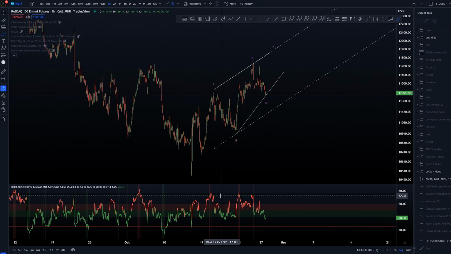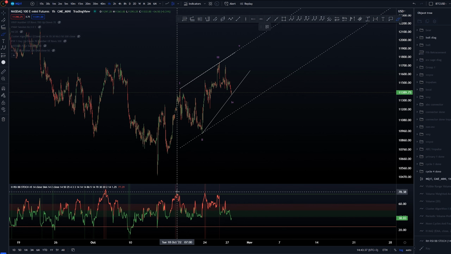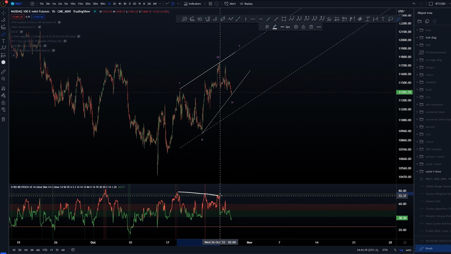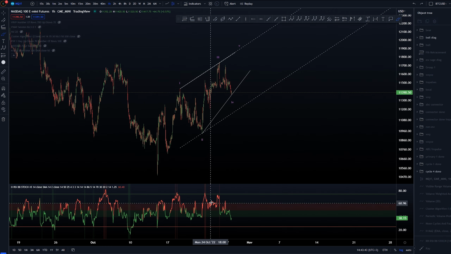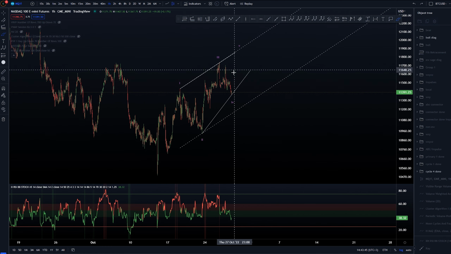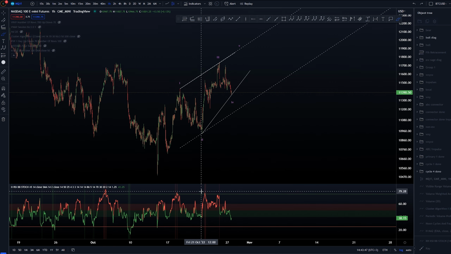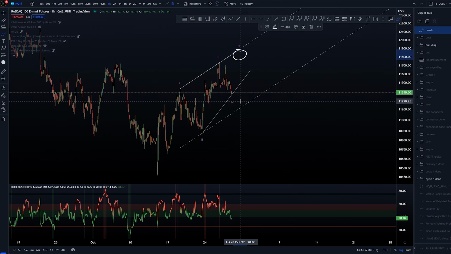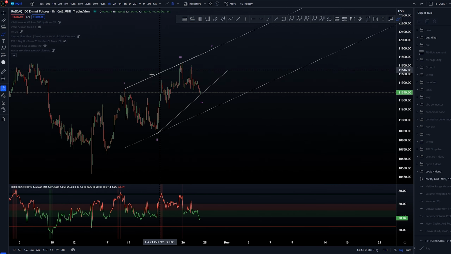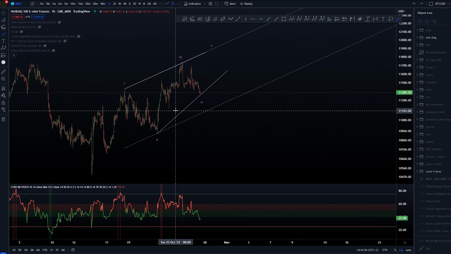Here on the higher time frame, the 1 hour, we do still have those divergences present, and if we are again making more highs, as we have already reset this RSI, it is very likely that we are going to get another divergence here, and that is definitely going to be another short possibility. Definitely going to be monitoring the trend line up in here.